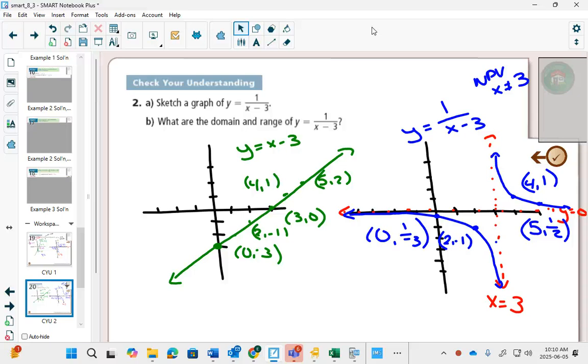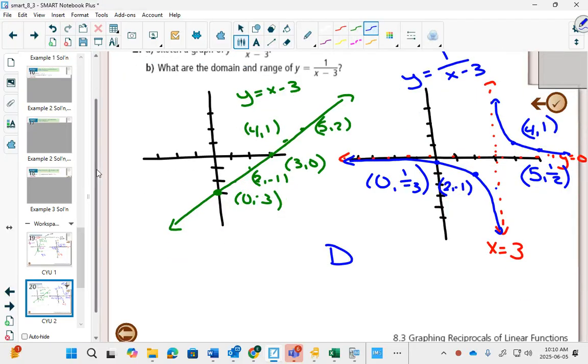Oh, it asks for domain and range. Now, to write the domain. The simplest way to write the domain is that you say the non-permissible value, x can't equal 3, and sometimes that's enough, like on the exam they would accept that as enough, but you can also say x can be everything else, just x can't equal 3.